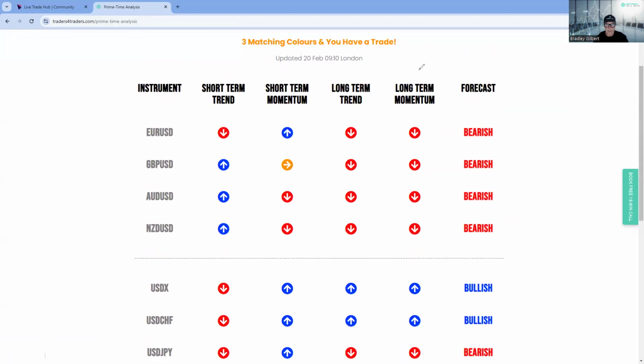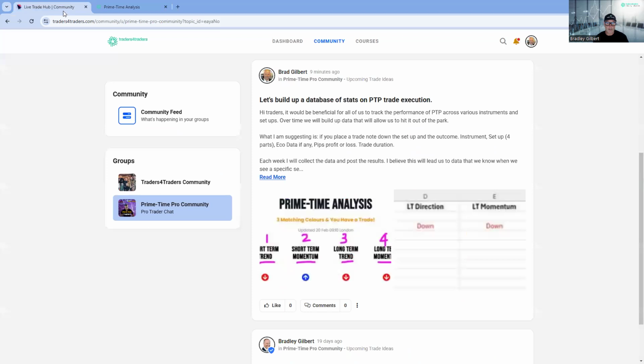Now, this extra section will be automated shortly, but it will do the same thing, just update live. So we will get some good data. It's going to be great to share the information. I'll set up a post in here so we can start to see exactly what we've got.